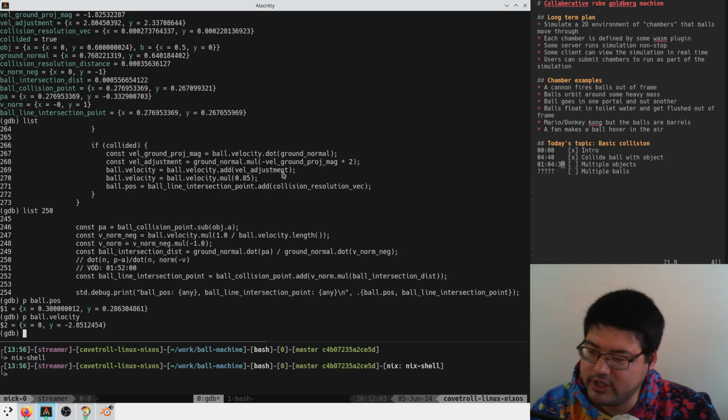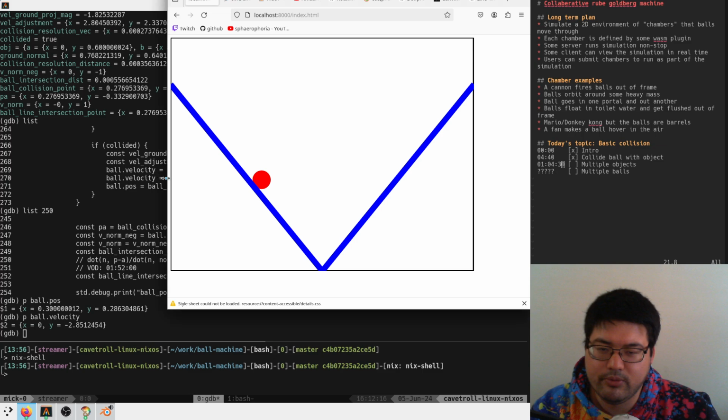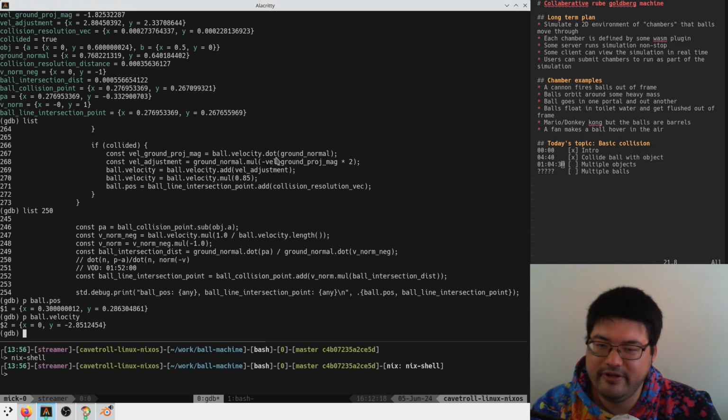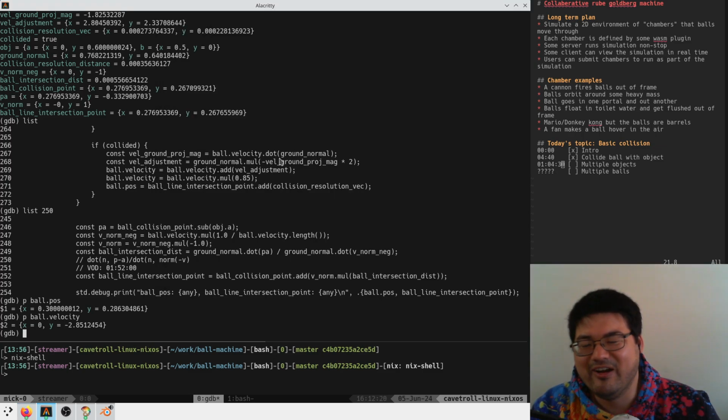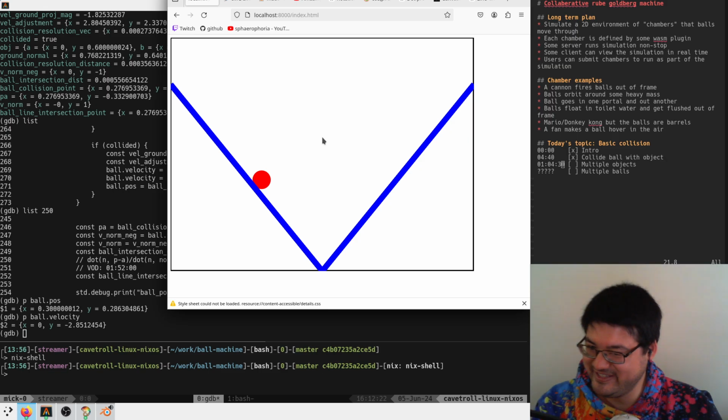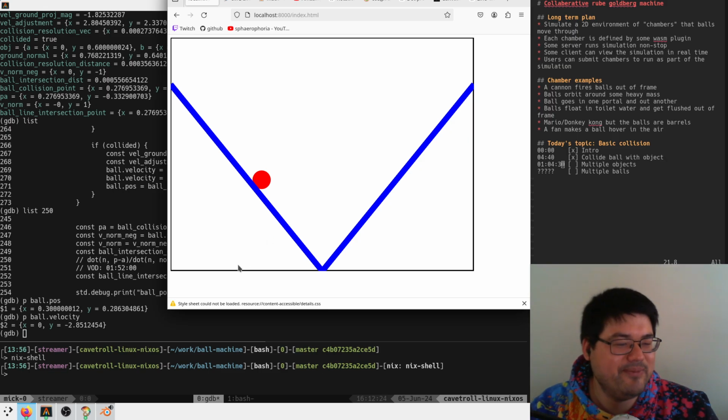Velocity ground projection magnitude, which is a bad name. This is normal. Velocity normal projection magnitude. So the ball velocity, down. Ground normal, up. Simple.